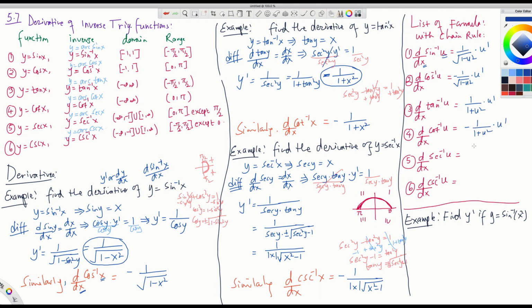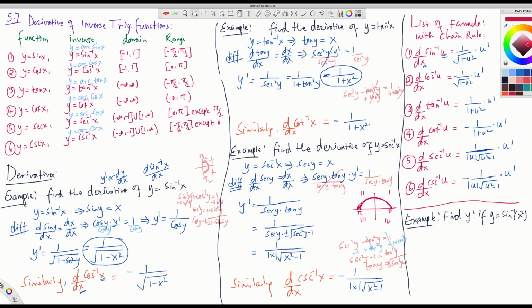For secant inverse, 1 over the absolute value of u times the square root of u squared minus 1, times u prime. I'm just replacing x by u there. And for cosecant inverse, negative 1 over the absolute value of u times the square root of u squared minus 1, times u prime. So these are the formulas. We will be using them to find the derivative of any inverse trig function.